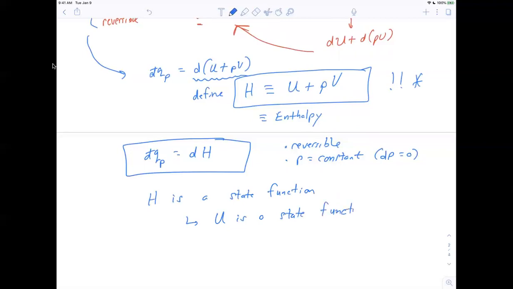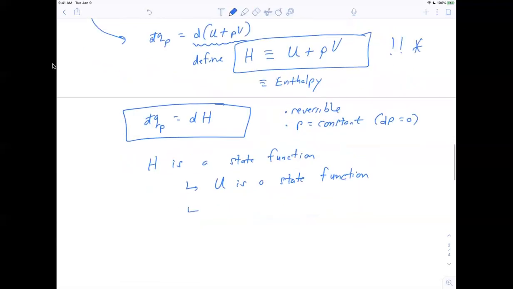It only depends on the two end equilibrium states that you're interested in, or if you're looking at a system at equilibrium, the energy of that system just depends on that state. You can take it away from that equilibrium state through any process you want and bring it back. Delta U will be zero over that cycle. And it doesn't matter how you prepare that system at a particular equilibrium state, U will always be U. And obviously pressure and volume are state functions.